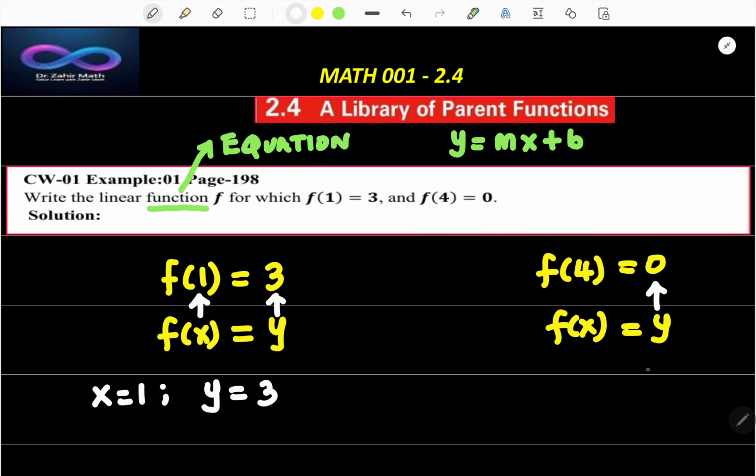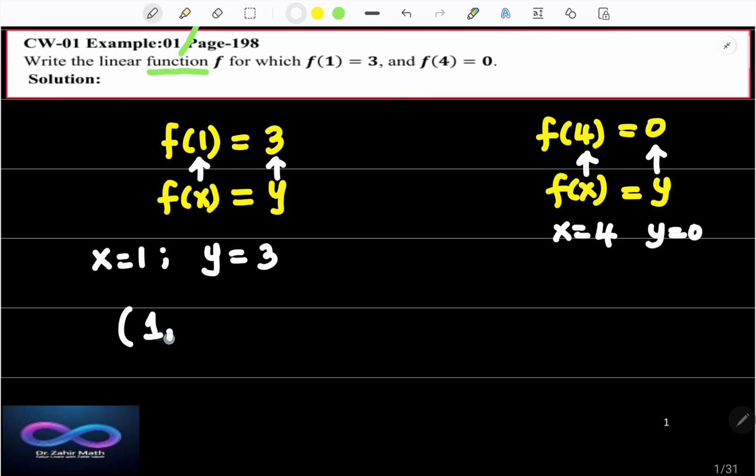What is your y here? It is 0. And what is your x here? X is equal to 4. So what is your point? 1, 3. And what is your point here? It is 4, 0. Right? Yes. Now 2 points are given. You are going to find the equation of the line.